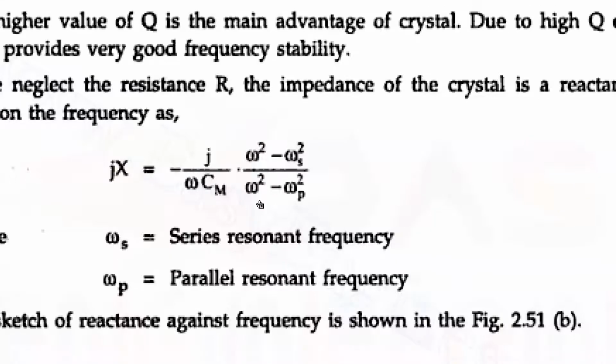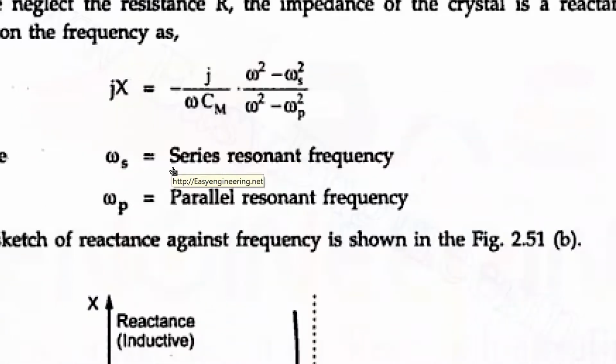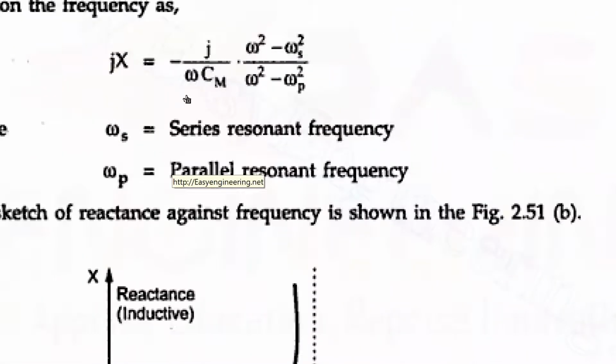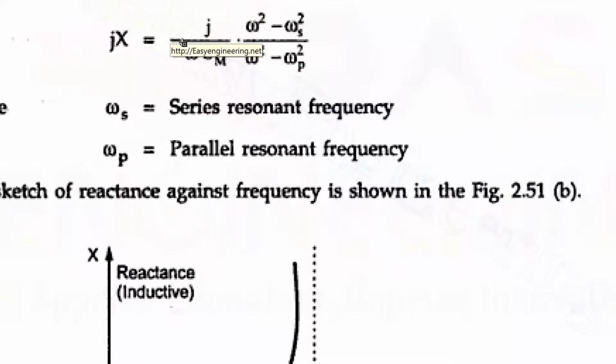Again, what happens if omega is equal to omega s? This is 0, and 0 multiplied or divided by any other non-zero is 0. So x is 0 when omega is equal to omega s.